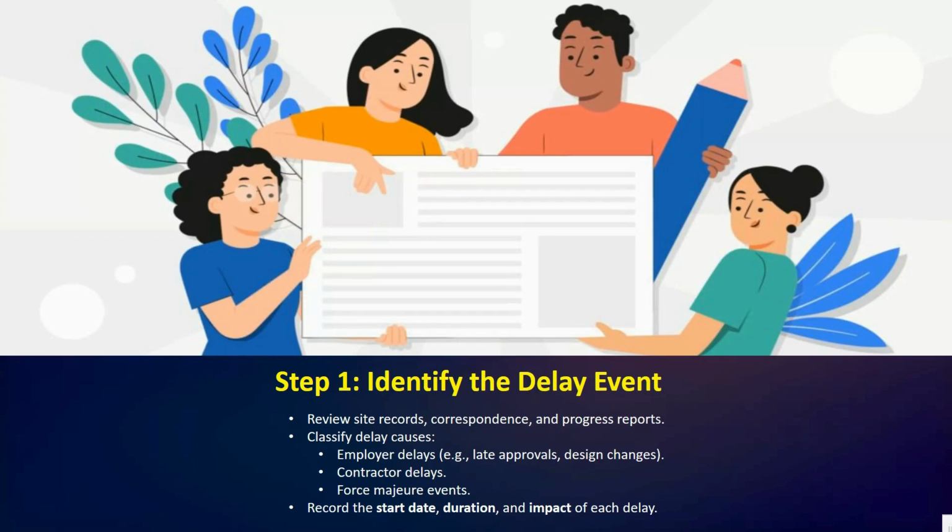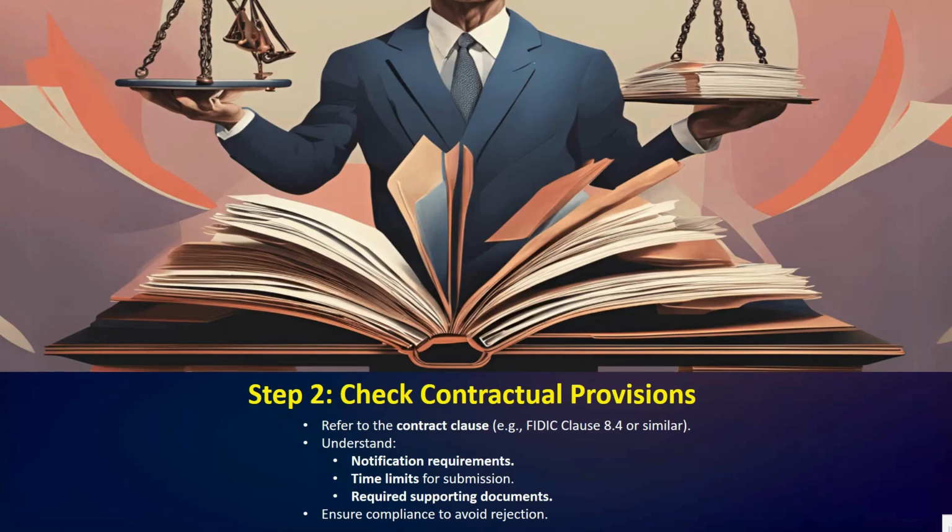Third, we have force majeure events, for example, extreme weather, natural disasters, or political unrest, etc. Always record the start and end date of the delay, then its duration and the impact on the project activities. This identification is the foundation of your EOT analysis. If you define the delay incorrectly, the whole claim can become weak or invalid. I hope this is clear.